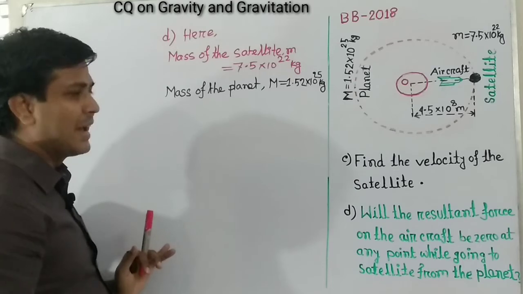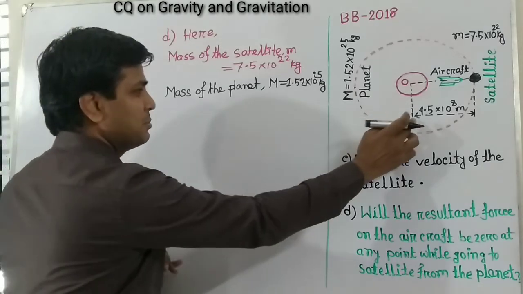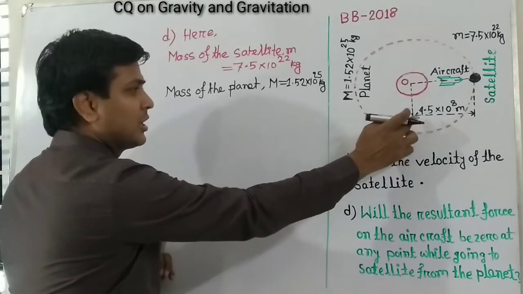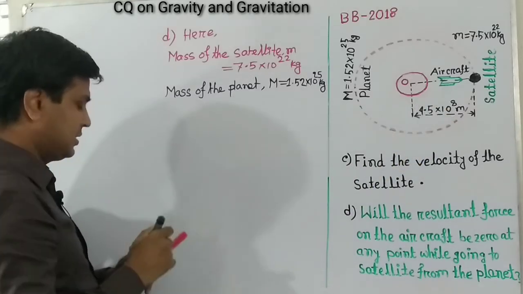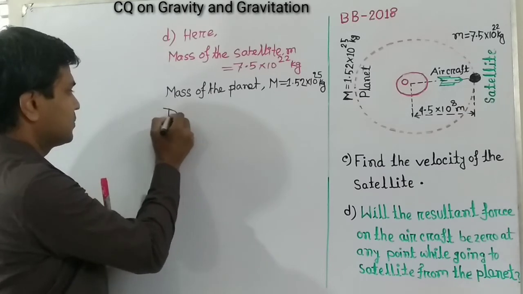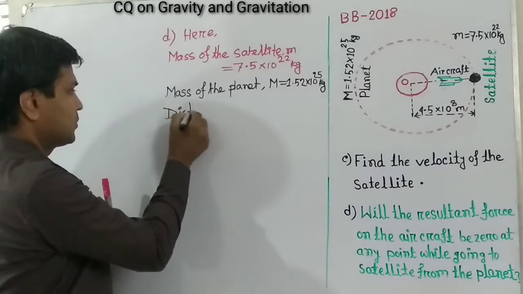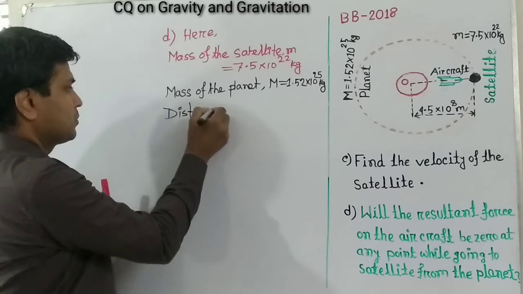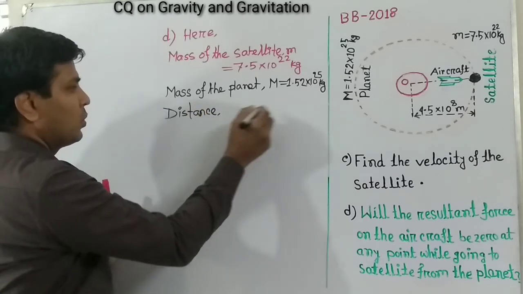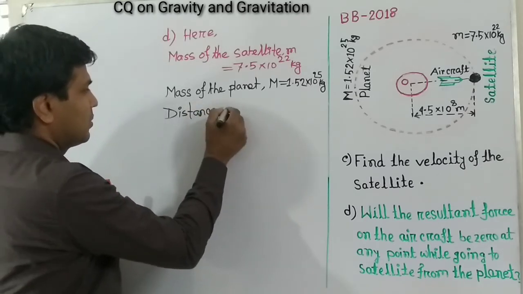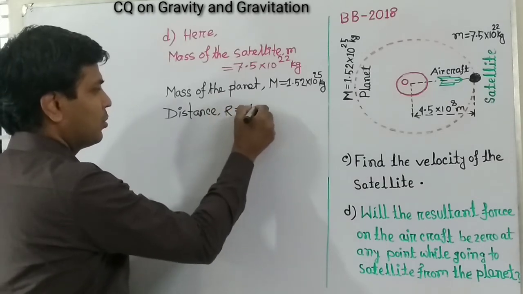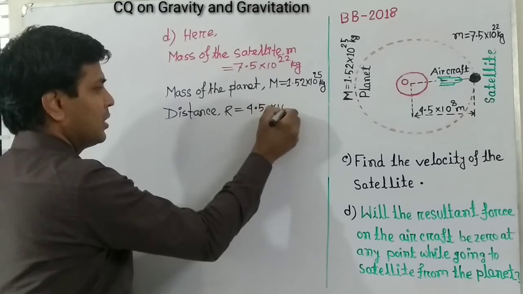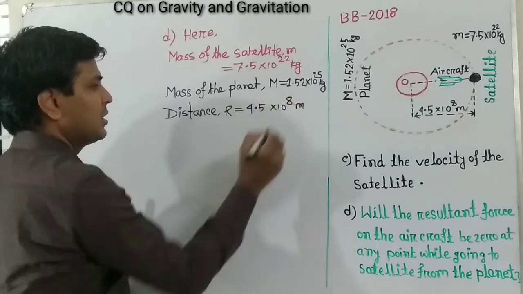And there is another value, which is the distance between the center of the planet and the satellite. So we can write the distance R equals to 4.5 into 10 to the power 8 meter.